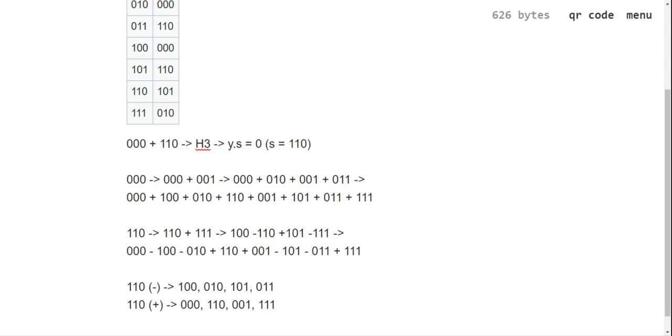Because basically, if you do the XOR in those cases, if you do the multiplication in all those cases, you get 0. In all those cases, you get something that's not 0. Interesting.